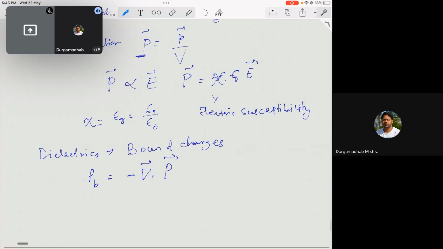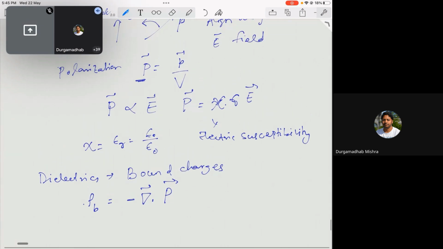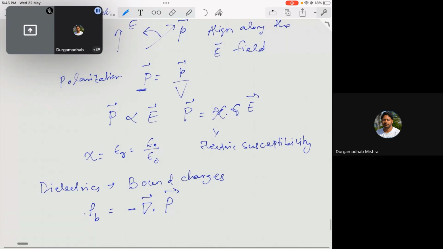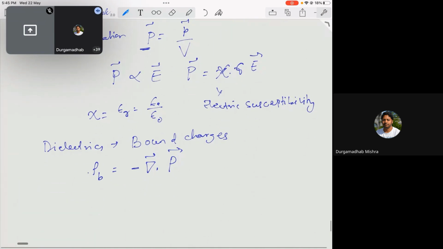Similarly, you will also have some surface charges on the dielectric, similar to what you have in conductors. In conductors, you only have surface charges.